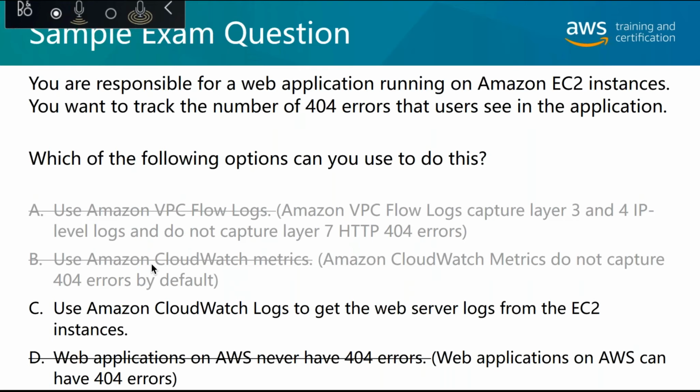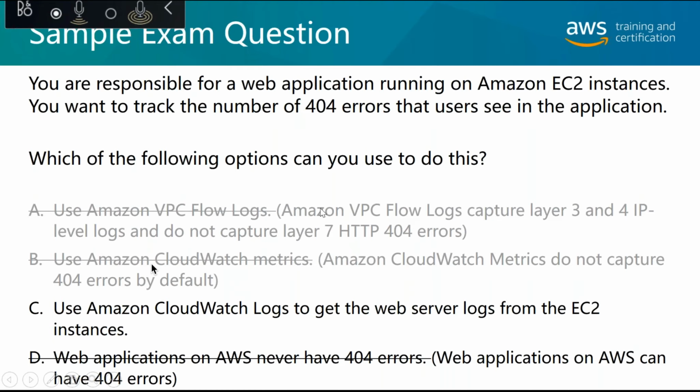Any log files sitting on that EC2 instance will be collected by the CloudWatch agent and sent to CloudWatch Logs as a log stream. Now that you have that log stream, you can go to CloudWatch Logs and filter for 404 errors. That's another feature available with CloudWatch. It's called CloudWatch Logs, so that's something you want to look at.